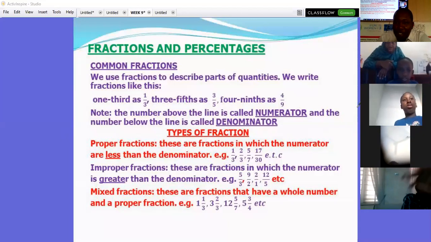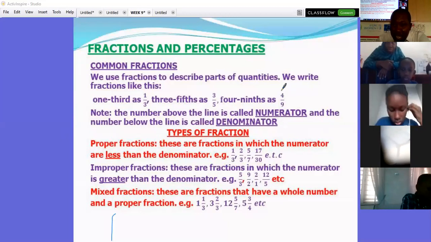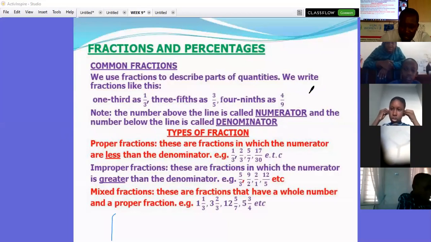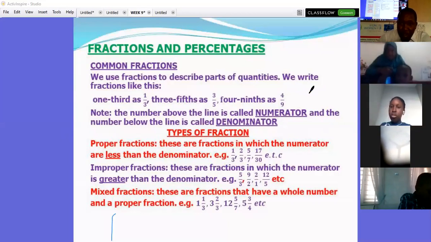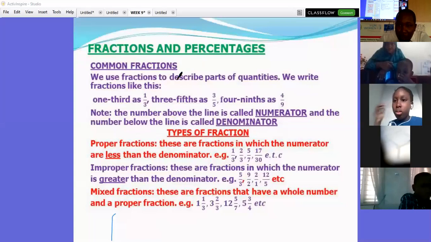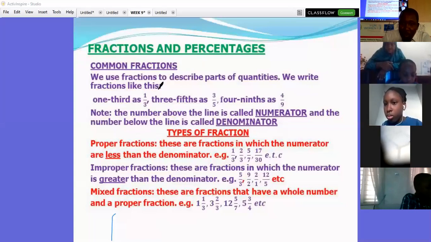Adubi, what is the numerator there? In 4/9, as an example.